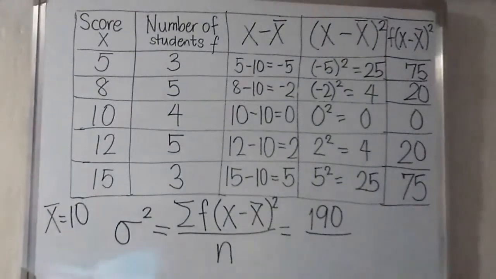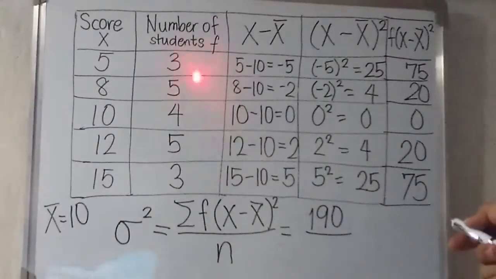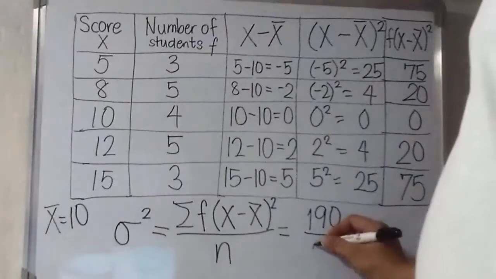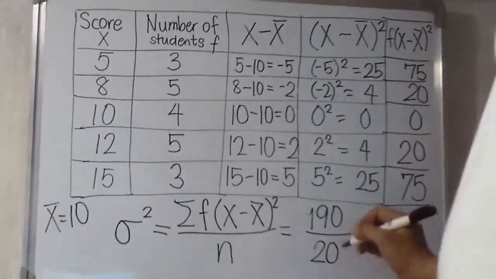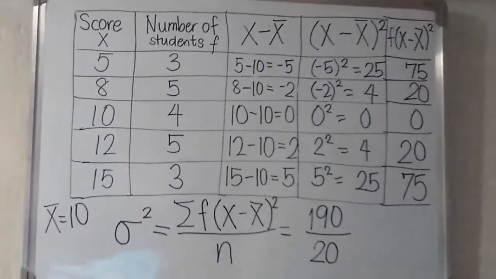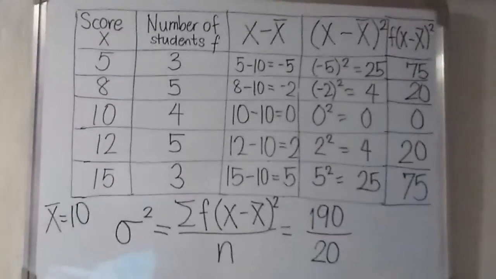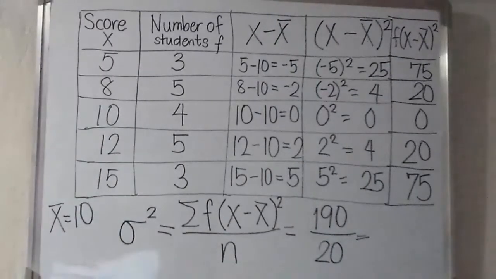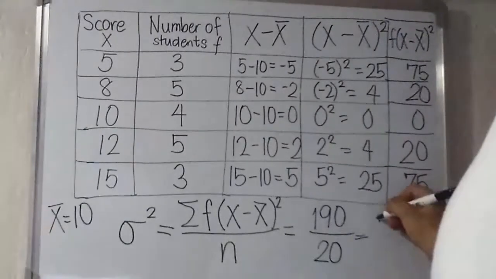The number of students, all of the students, is 20. 190 divided by 20 is 9.5.